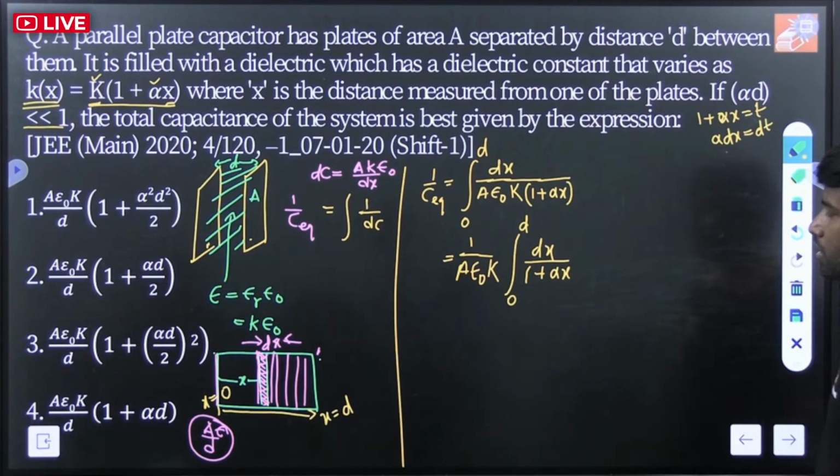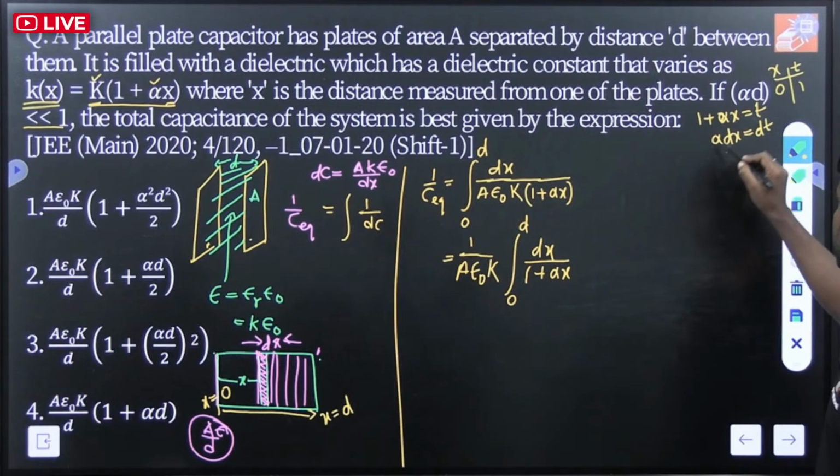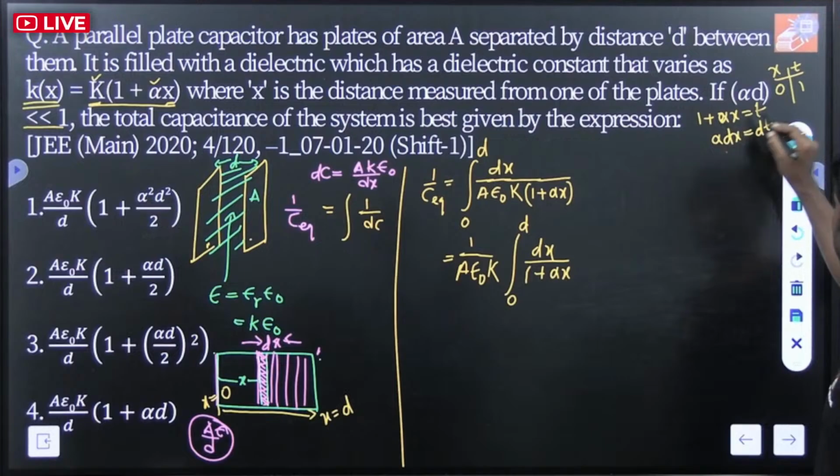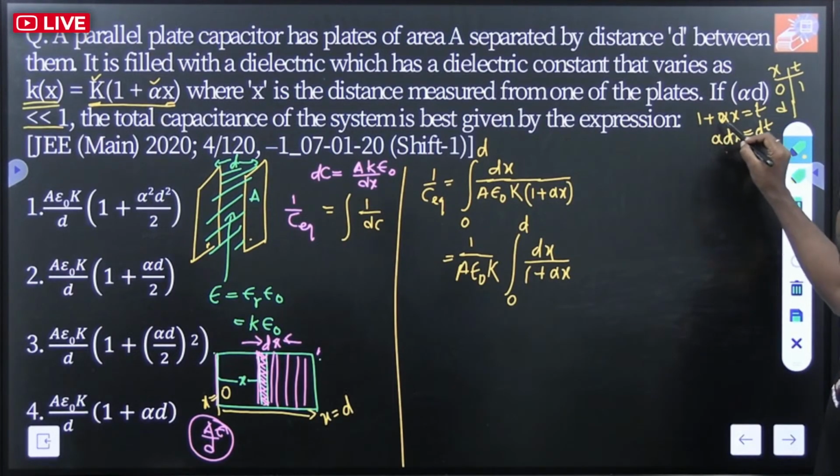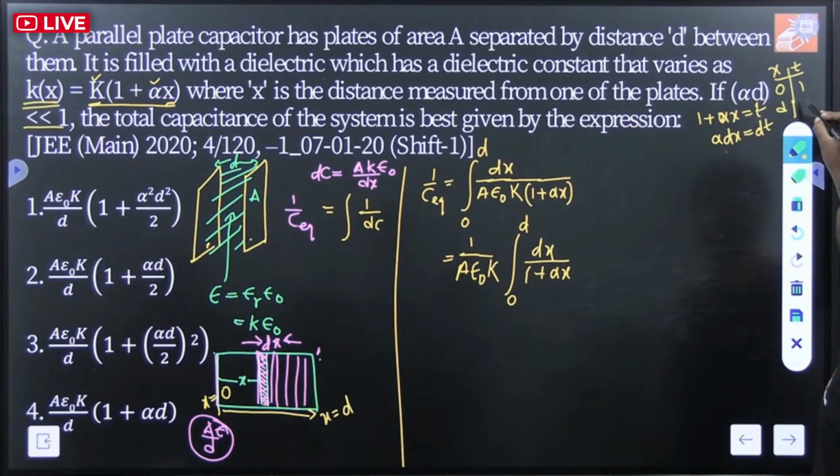When we use the substitution rule, we have to change the limits also. When x equal to 0, t equal to 1. When x equal to d, t will become 1 plus d alpha.